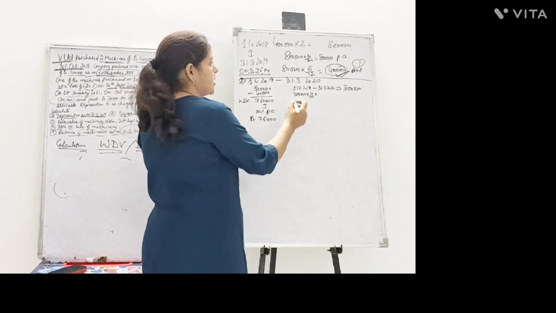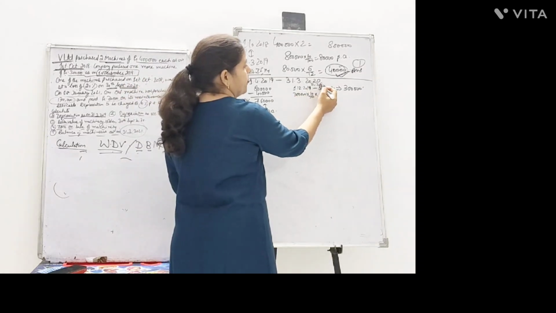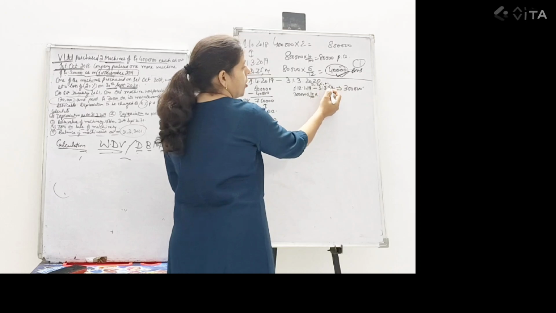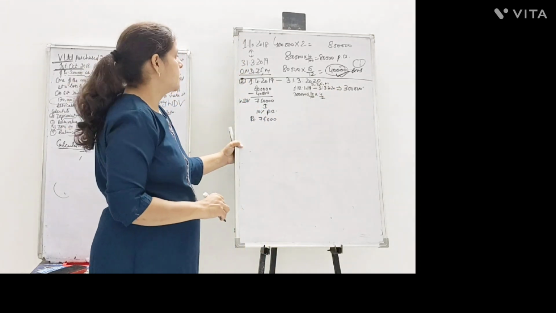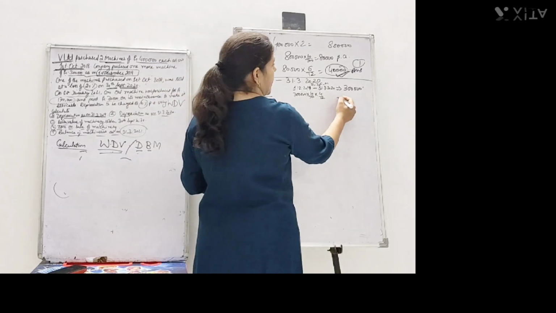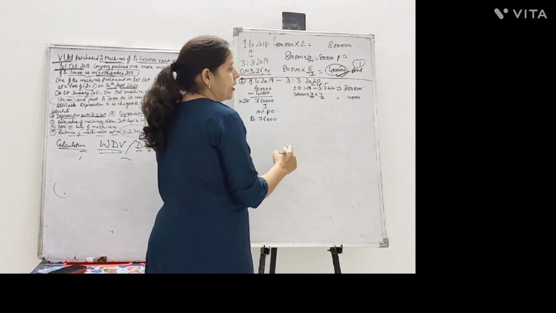But I purchased it in December, so December, Jan, Feb and March. For how many months do I need to depreciate? That is 4 months. So what would be the value of depreciation here? That is rupees 10,000, right?